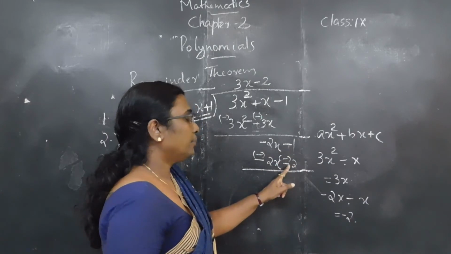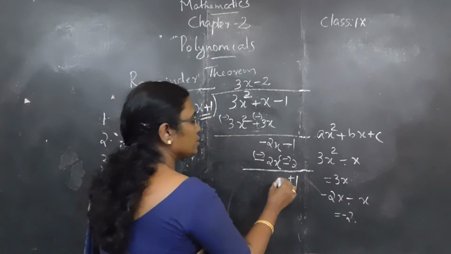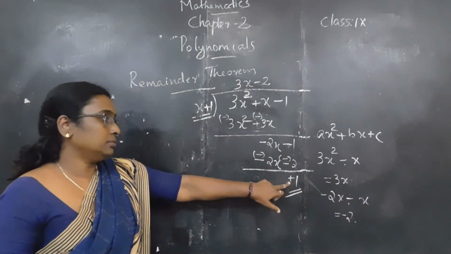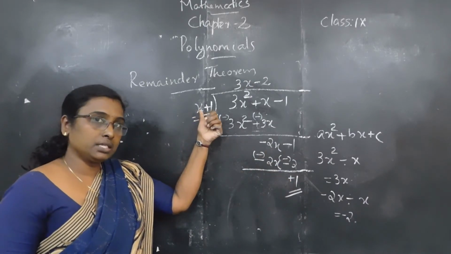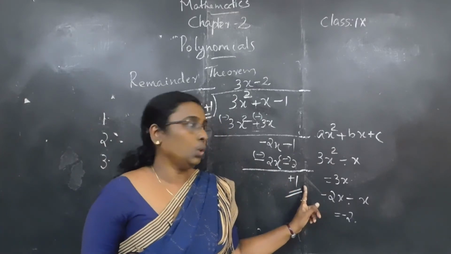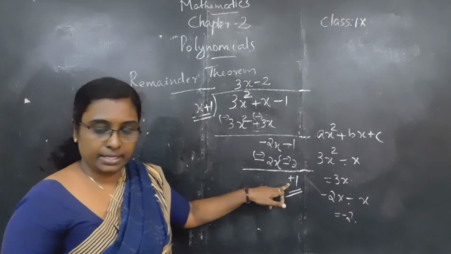Minus 1 plus 2 is plus 1. Minus 2x plus 2x, 0. Then we get the remainder 1. Here the degree of this polynomial is 1. Here the degree of this polynomial is 0. So, we cannot proceed further. So, this is the remainder.